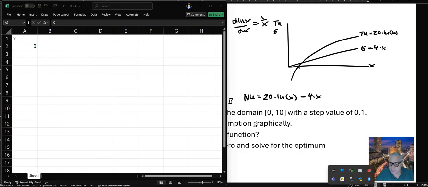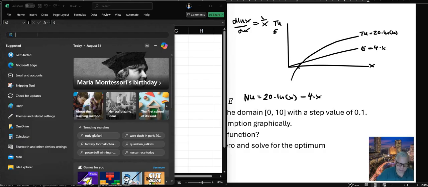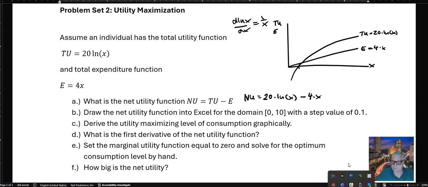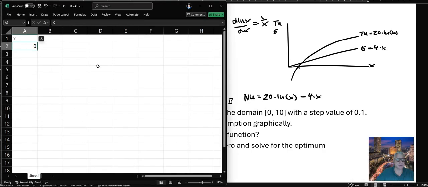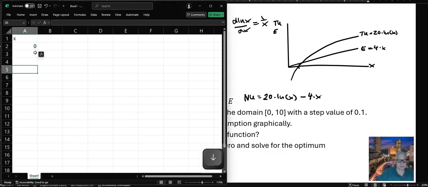I actually quickly activate my keystroke display, so that we should now be able to see the keystrokes.